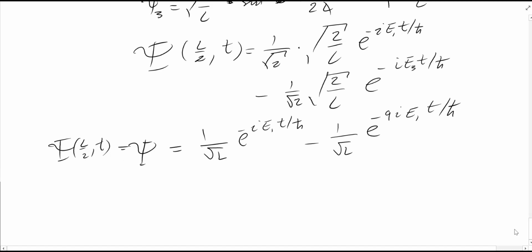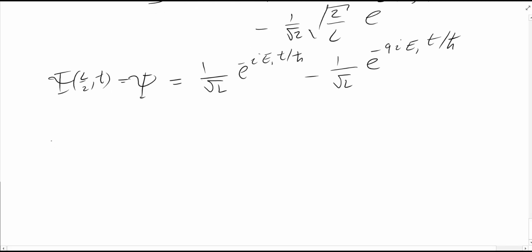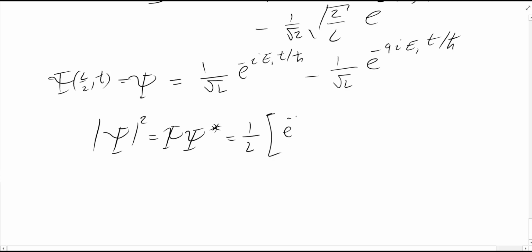We need to form psi squared, the probability itself, which is nothing but psi times psi star. So this is the product of, first of all, 1 over L and 1 over L, under the square root becomes just 1 over L. Now, the first term, exponential of negative i E1 t over h bar minus exponential of negative 9i E1 t over h bar.